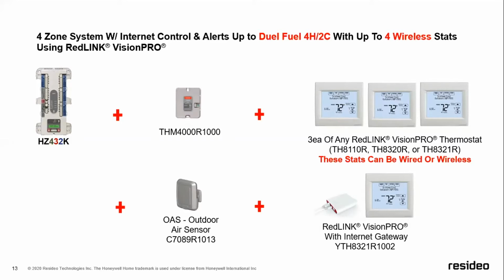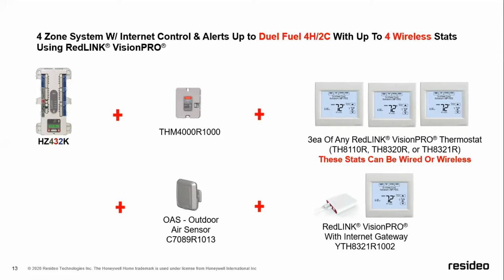You have the option to utilize 3 of our VisionPRO thermostats communicating with that 4000R, and they can be battery powered, or if you just simply want to run 2 wires so that you power it up hot and common, you can do that also. But just in a retrofit application, when you can utilize batteries and put the thermostats anywhere you please, it is a phenomenal way to go.